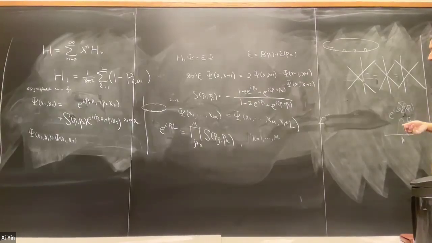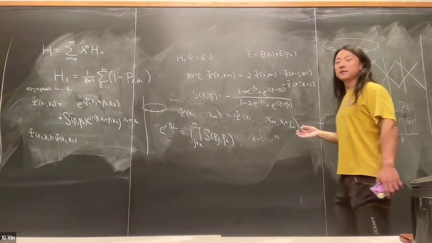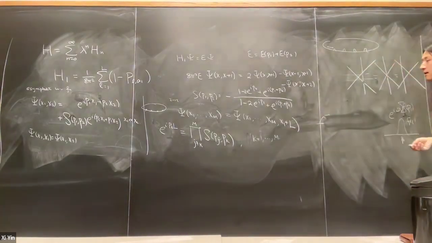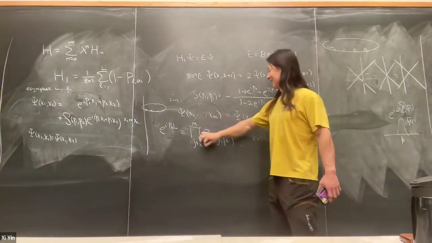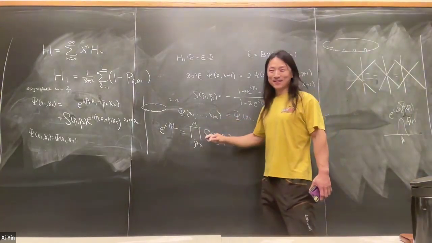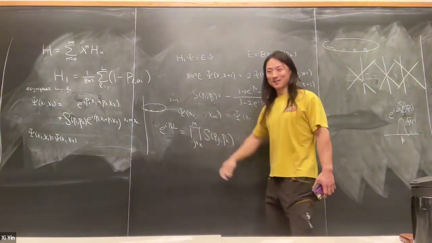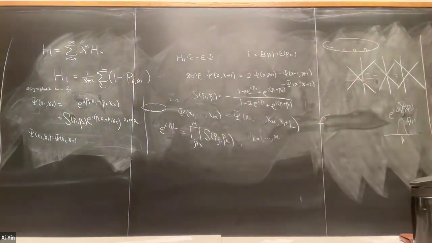Of course you have these M momenta pk. So you might expect that you can solve this equation. What happens is that this equation is going to have a discrete set of solutions. It's clear that if the phases are 1, the solution is just a quantization of the momentum.